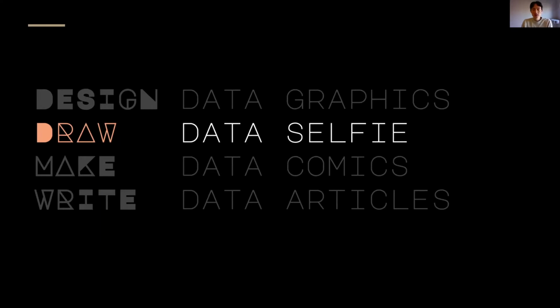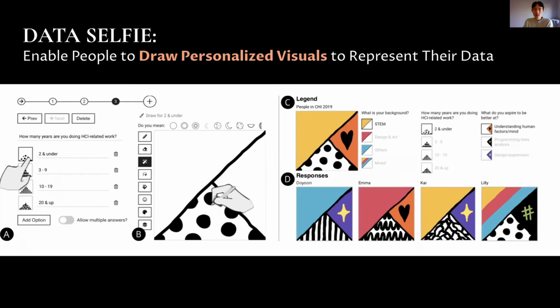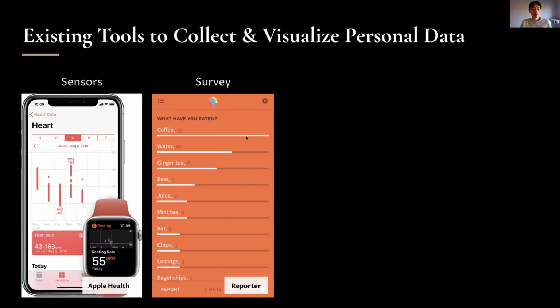So I'm going to transition to a second project, Data Selfie, which was a follow-up to Data-Driven Guides, bringing the expressivity of Data-Driven Guides into a personal context to enable people to draw personalized visuals to represent their data. Probably you are familiar with some of these tools like Apple Health and Google Fit.